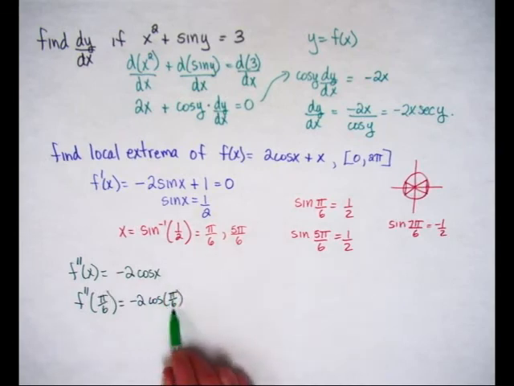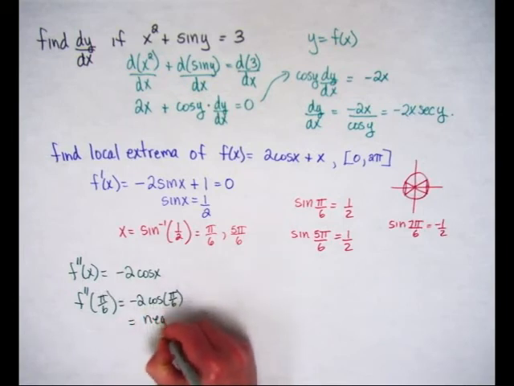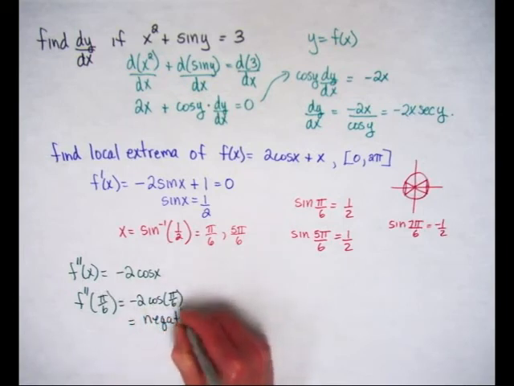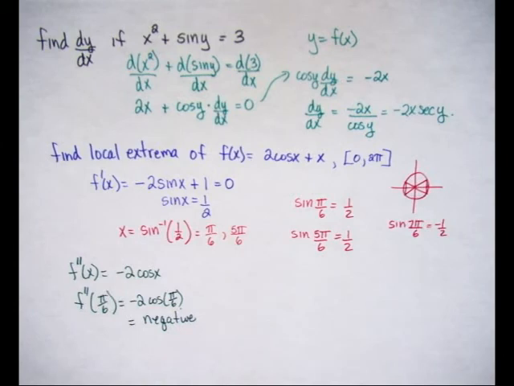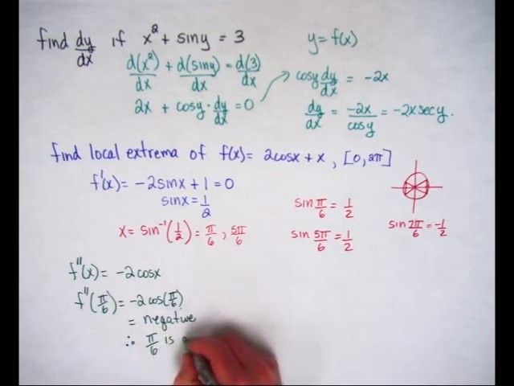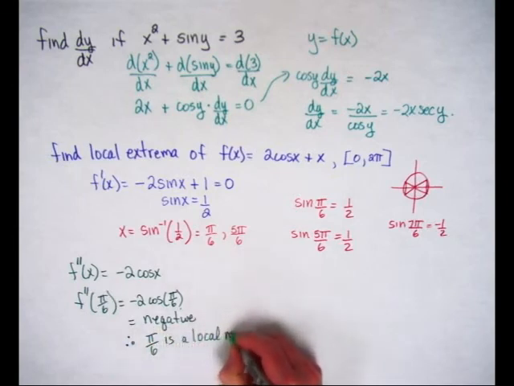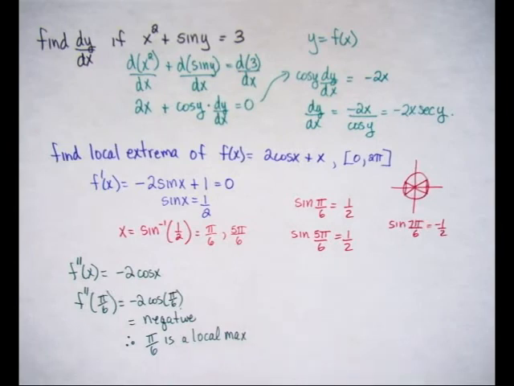So this is going to be a positive answer times a negative 2, which gives us a negative value. You can always just use a calculator. Because it's a negative value, we can conclude that pi over 6 is a local max. So our curve has a peak at pi over 6.